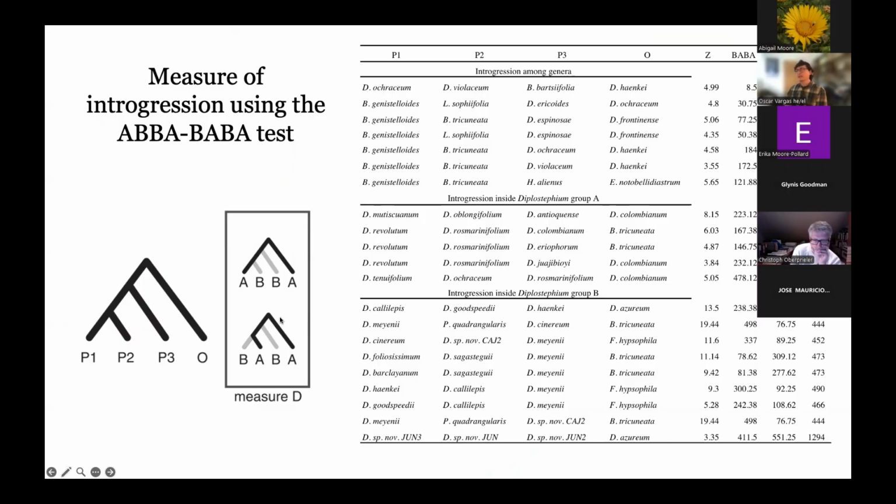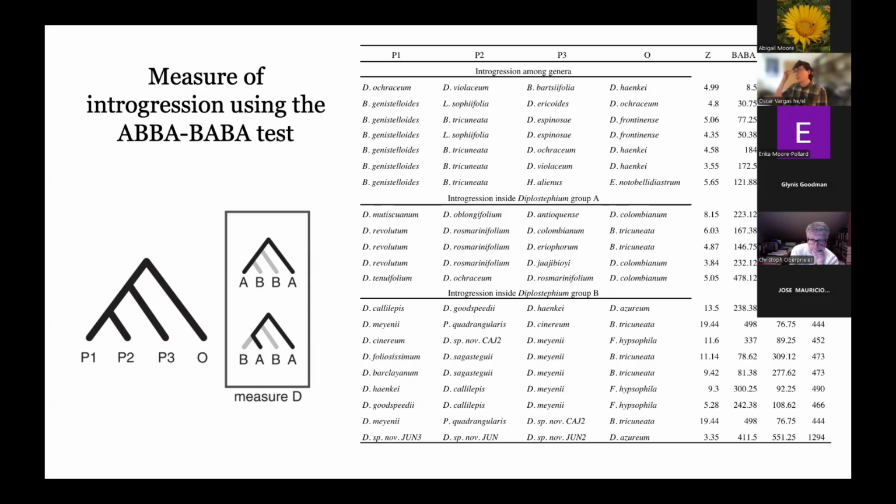And you expect these patterns to be equally distributed in your trees, so you expect 50% ABBA and 50% BABA in your phylogenies using SNPs. So basically, you test for taxa, and then you can do this test and see if there is a significant difference between these patterns in your phylogenies.